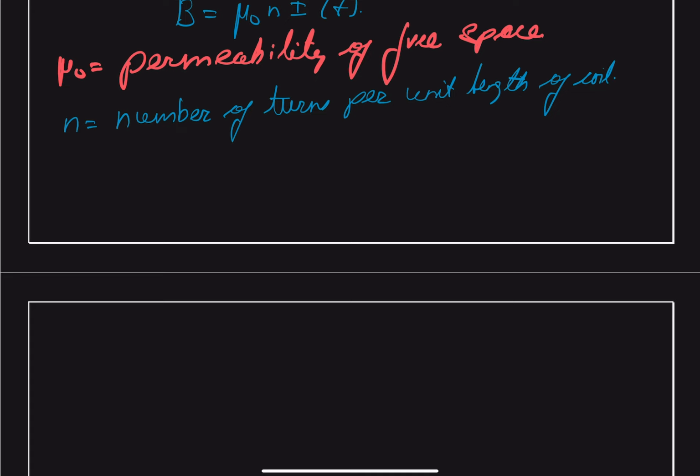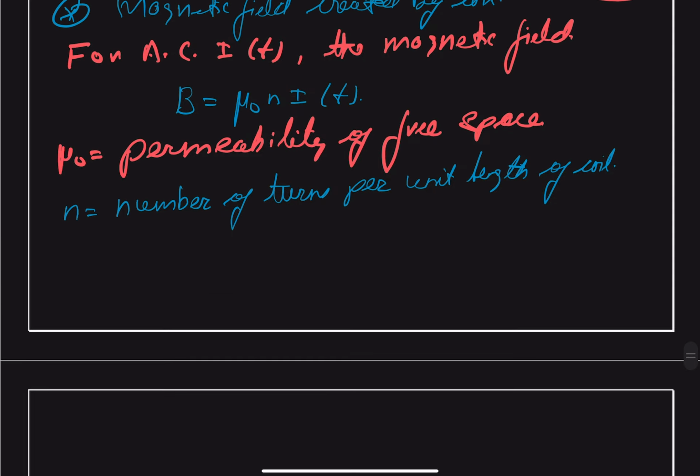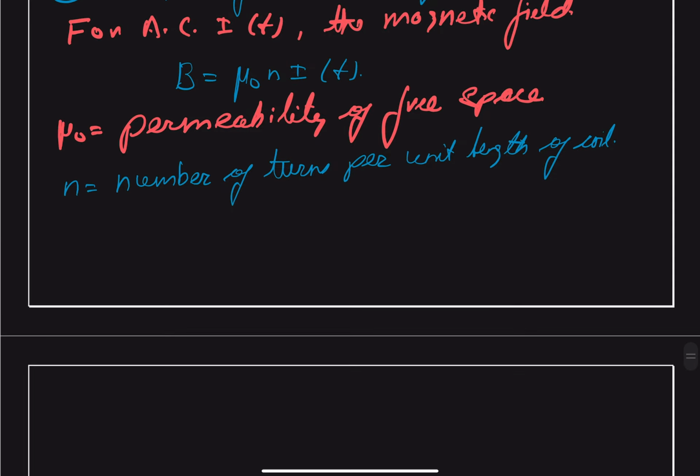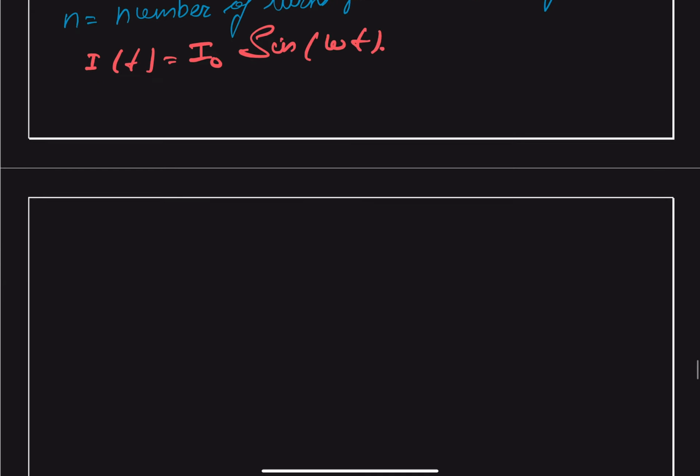And the current is alternating, so we can say our I of t can be written as I naught sine omega t. Therefore we can write that our magnetic field is equal to mu naught n I naught sine omega t, where I naught is the maximum current and omega is the angular frequency.